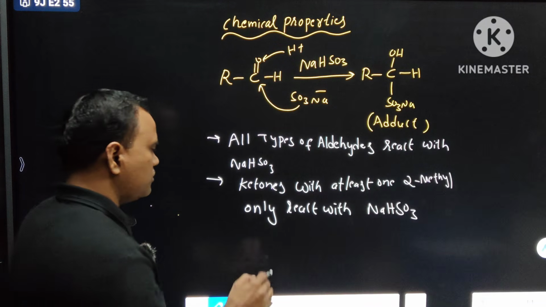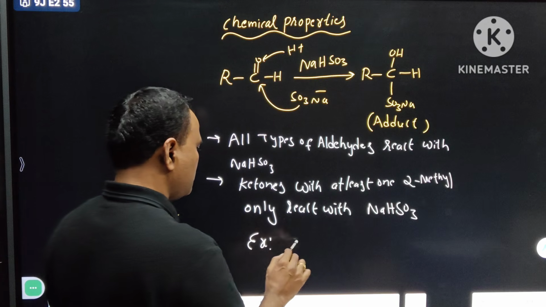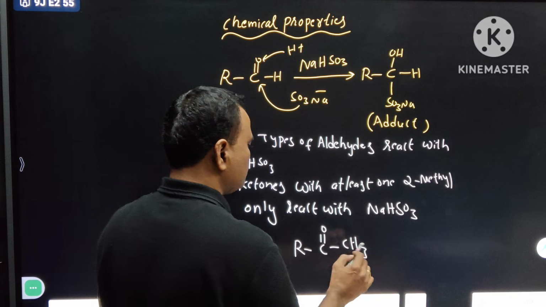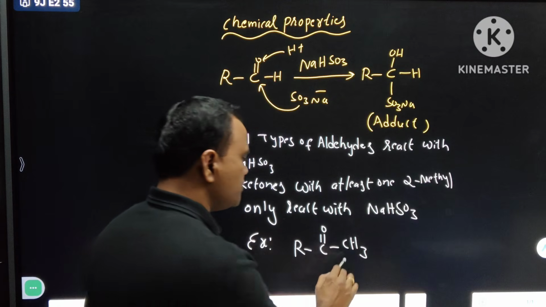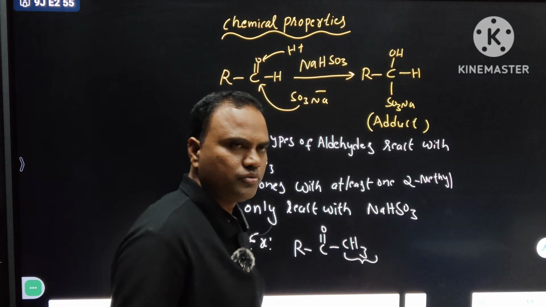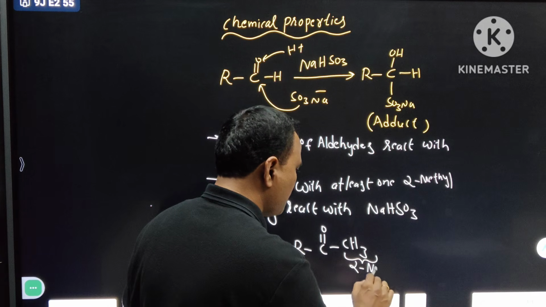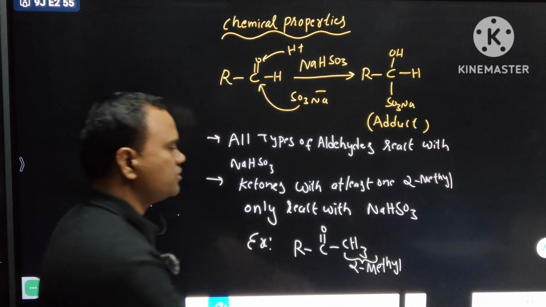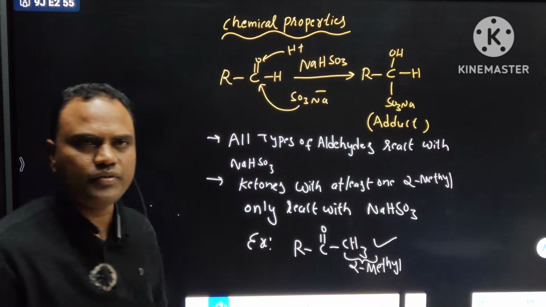Okay, means like this. This is the alpha position, right? This is the functional group, C double bond O. This is the alpha position. This is alpha methyl. So this ketone will react with the sodium bisulfite.